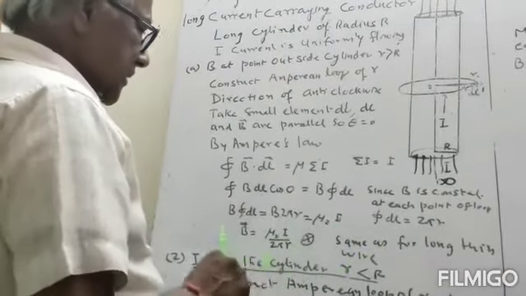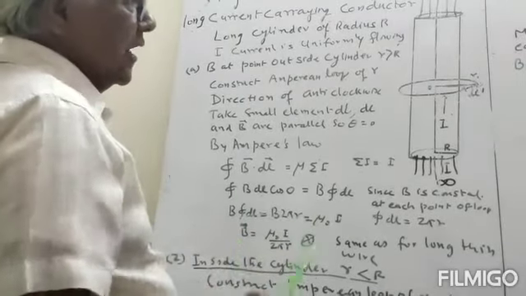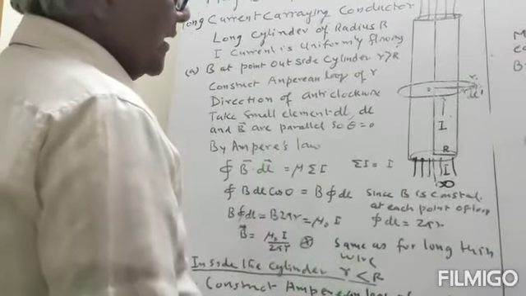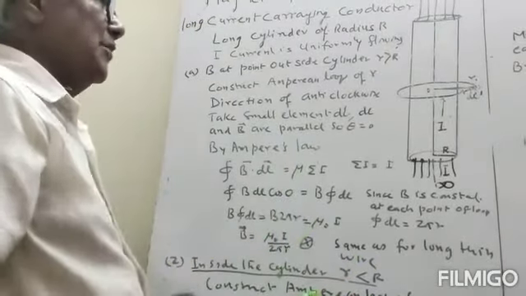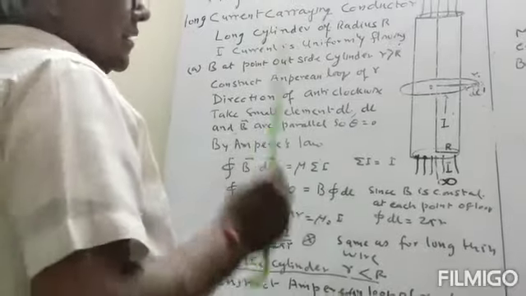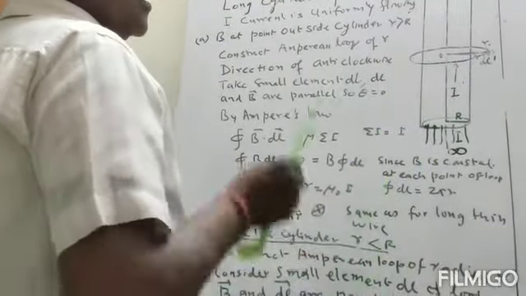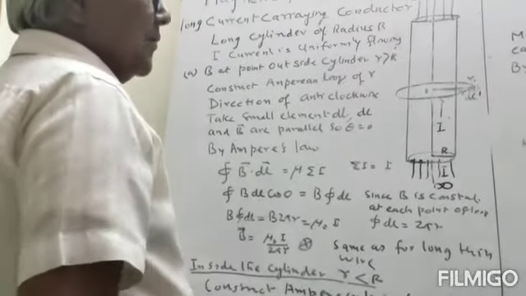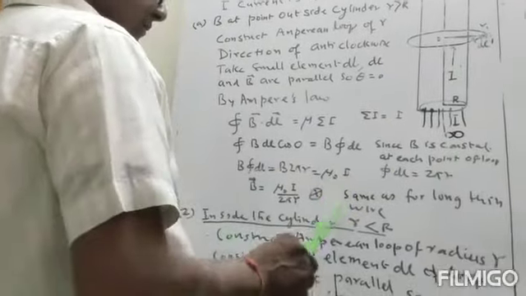So this result is the same as we found when the conductor is a thin conductor whose radius is negligible, or a cylinder whose radius is capital R, and the point where we find the magnetic field is outside it. So the result is the same.